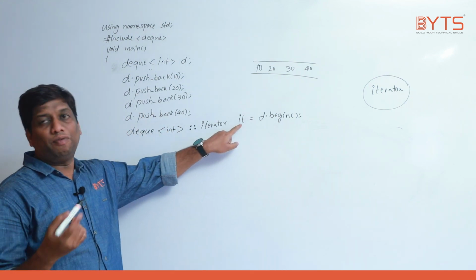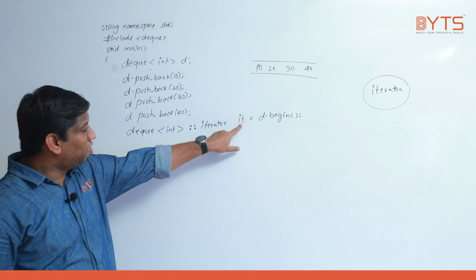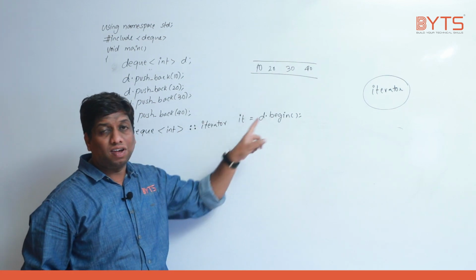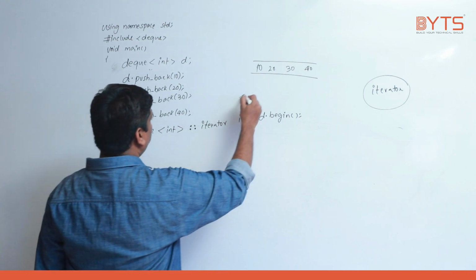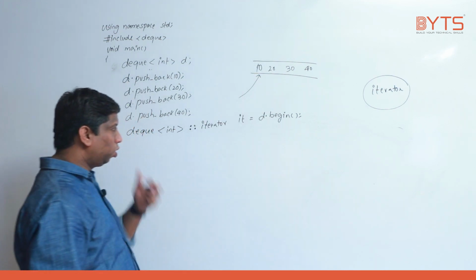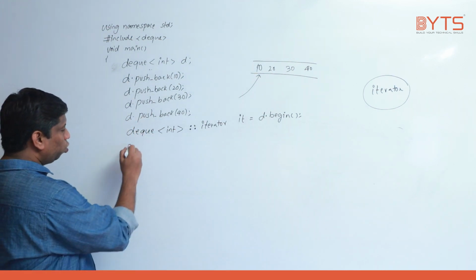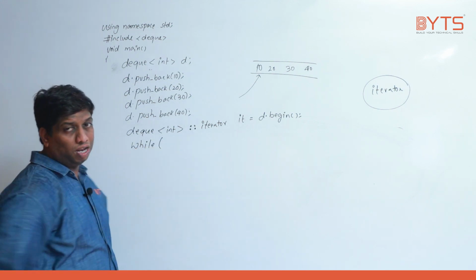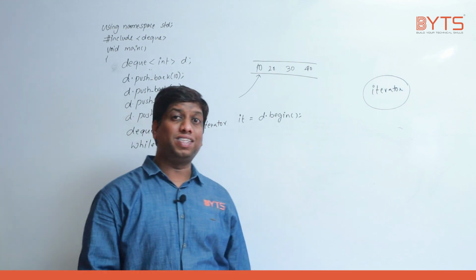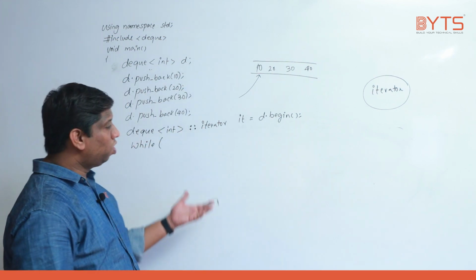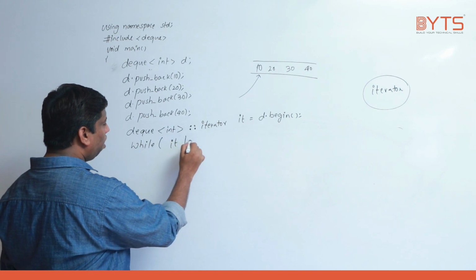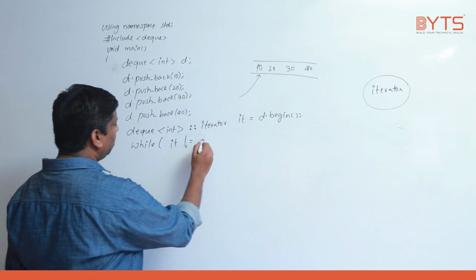It is kind of a pointer which is of type iterator, and it contains the begin starting address, meaning it is pointing to this location, right? Next, while. We really don't know the length, right? Previously I wrote i less than 4. I don't know yet. That is the reason there is a function every time. It not equal to d dot end.